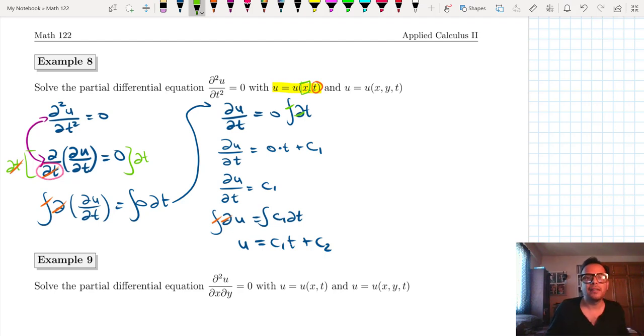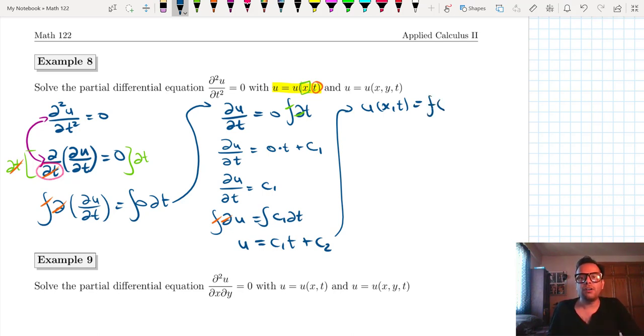So we are going to have u of x, t equals some C1, which I'm just going to call f of the variable that was held constant, x, times t, plus some C2. For this I'm not going to use f, I'm going to use a different letter. Typically f, g, and h are the ones used to represent different functions. So g of x.